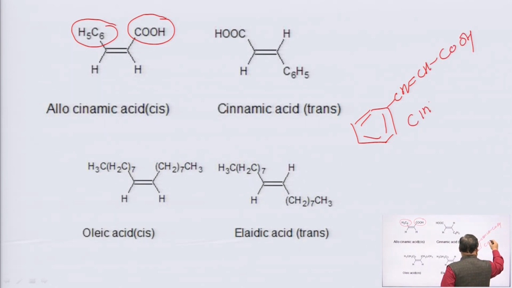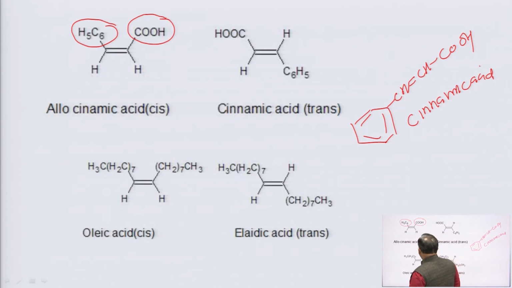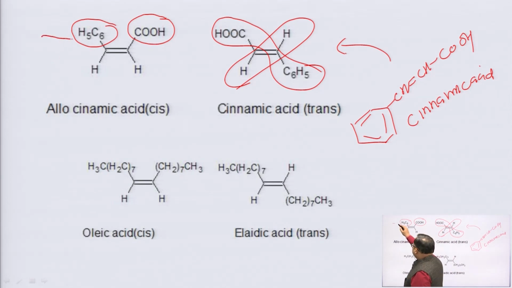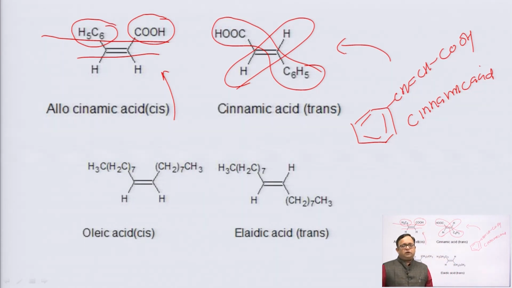This is the structure of cinnamic acid. Now, two types of arrangements are possible for cinnamic acid. In one, C6H5 and COOH are present trans to each other, meaning they are arranged like X, and in the other they are present on the same side. So, here it is considered as cis, and cis we call allocinnamic acid, and we call the trans form cinnamic acid.